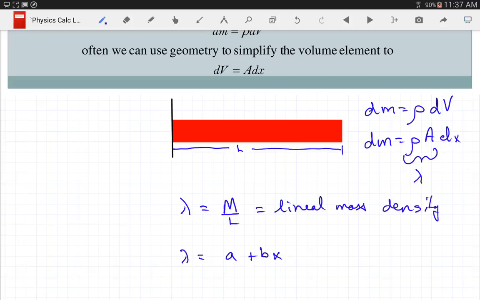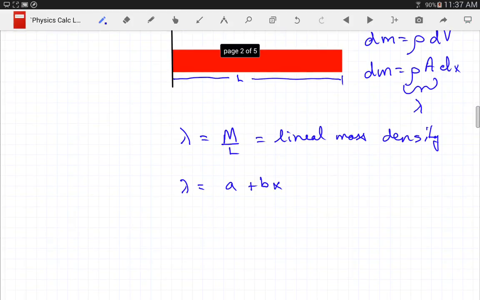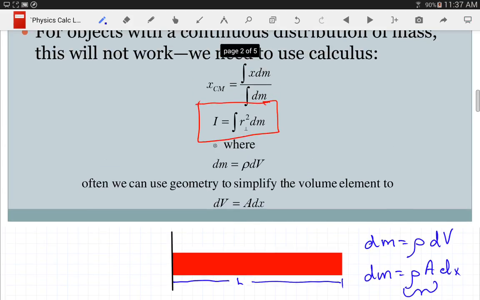So given this lambda, if I want to find the moment of inertia, look back at the moment of inertia equation, I is equal to the integral of r perpendicular squared dm. What does r perpendicular mean? Perpendicular distance from the axis about which it would be rotating.